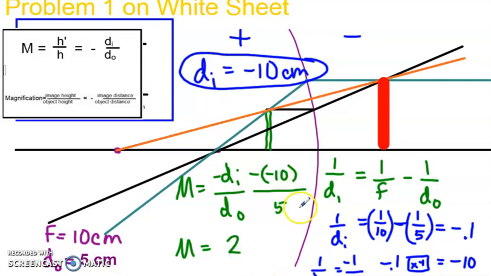This is telling us that the image is 2 times the height of the original object when the object is placed right here. Obviously our drawing is not perfect, but it does help support that it is quite a bit larger, not 2 times as large, but it's pretty nice.